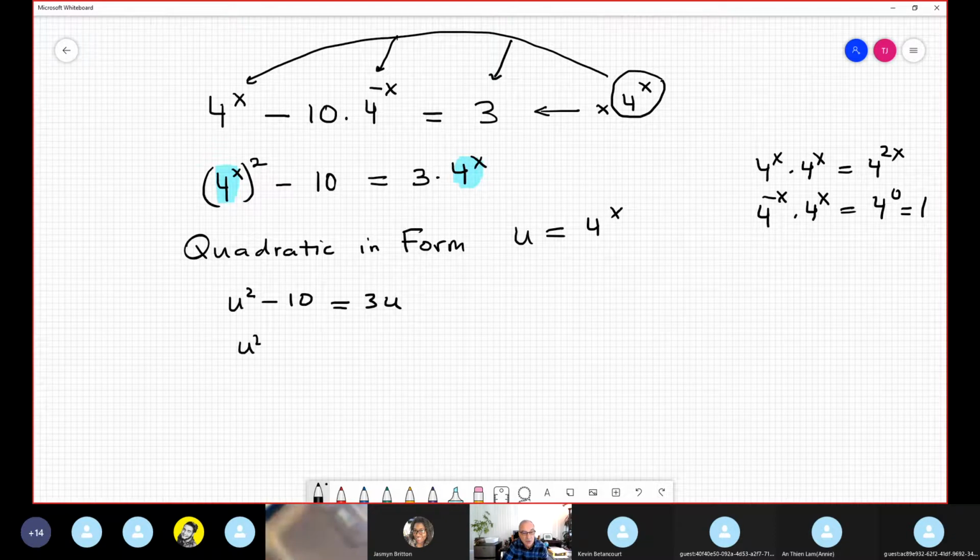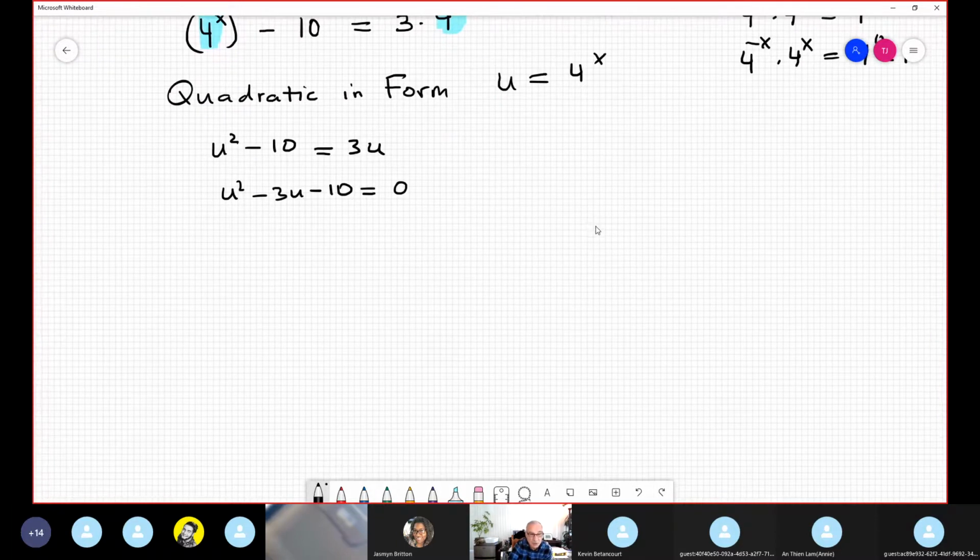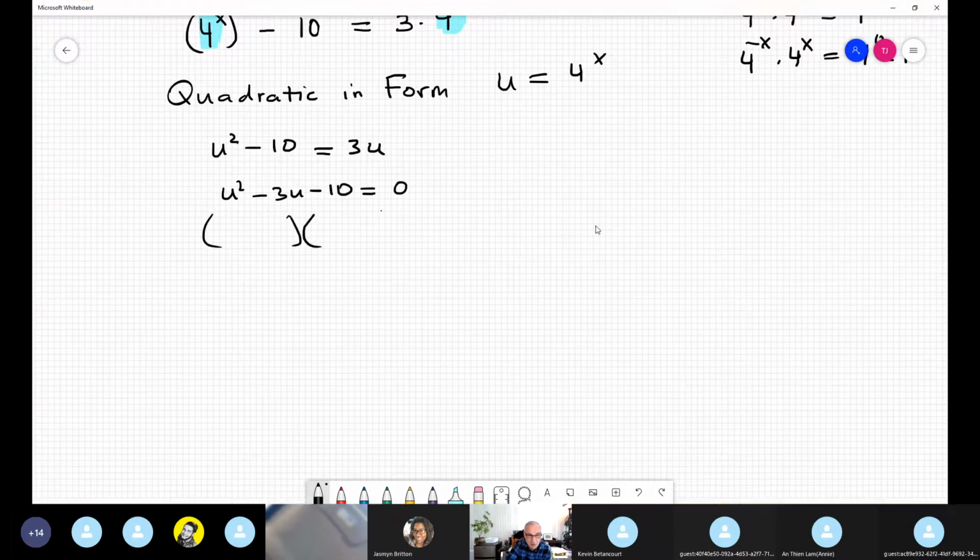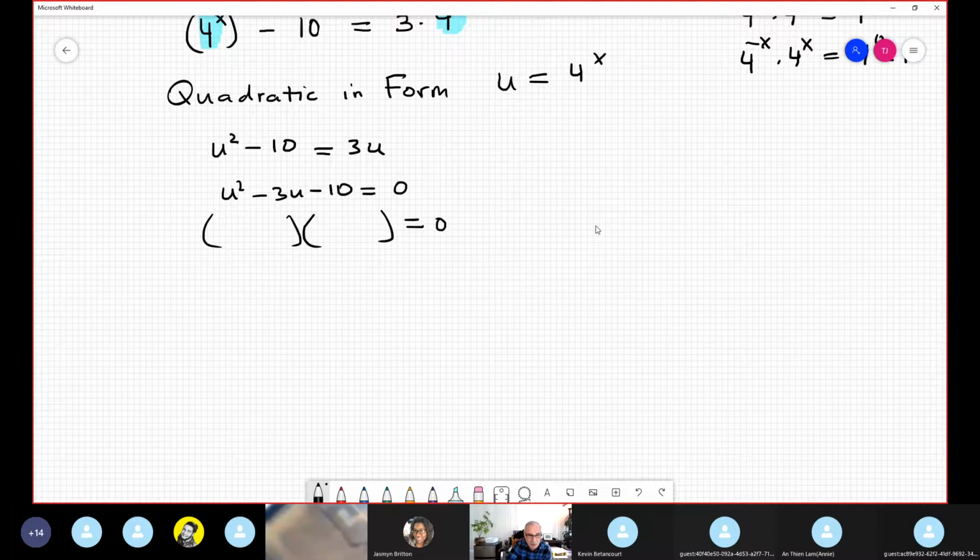Look, u squared minus 3u minus 10 equal to 0. I put it in standard form. Yes, I solve this equation, maybe using the quadratic formula or by factorization. I suppose that factorization is easier because the combination is, let's see, 5 and 2.